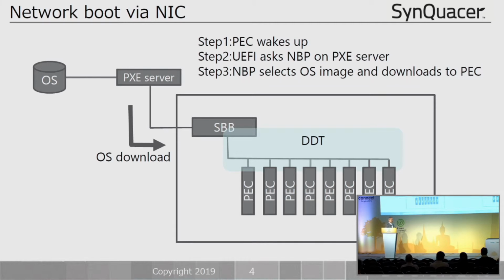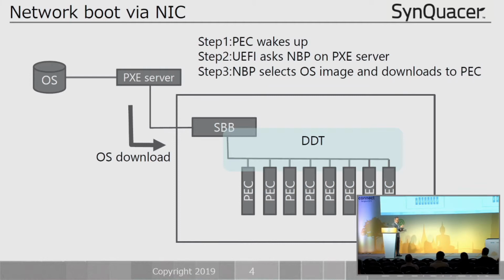In addition, we set up the network boot, to deploy bare metal provisioning. In our original DDT, we made the program on the operating system, the OS. That means when we turn on the server, until the OS starts running, DDT will not work.